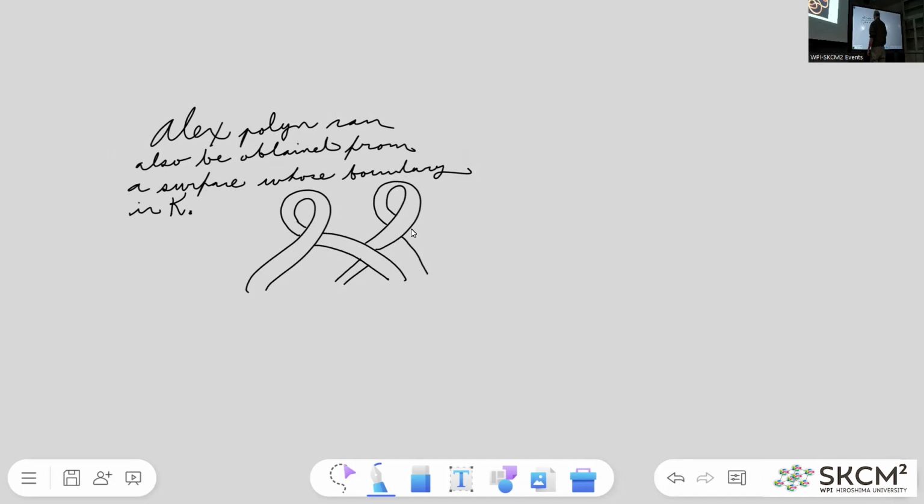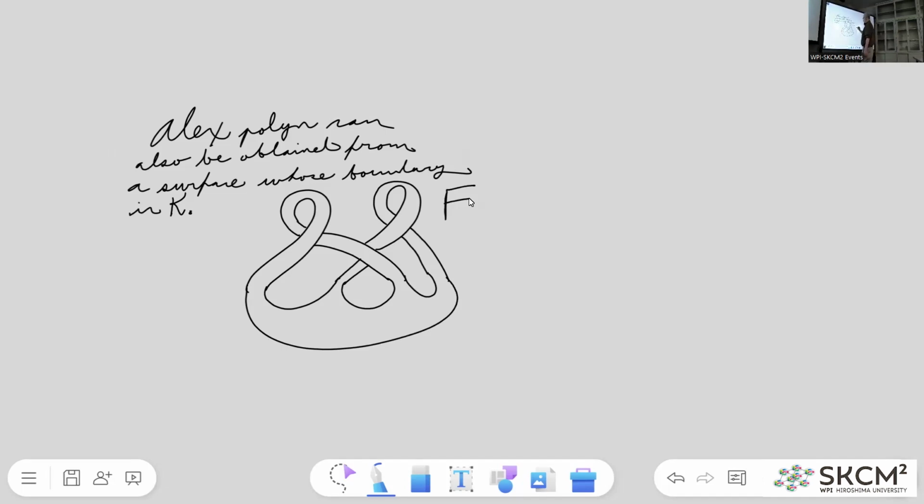However, I assert that the surface that I'm now drawing has boundary a trefoil. And I claim that the boundary of F is equivalent to a trefoil.